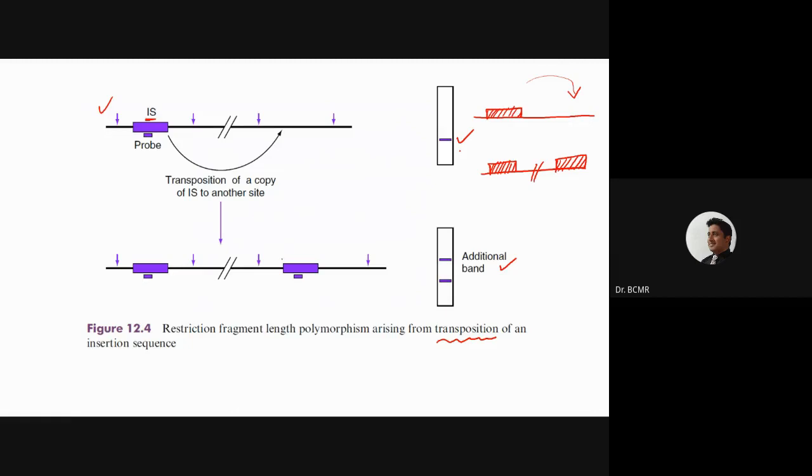And if it has moved to somewhere else, then you will have an additional copy. And it will be detected because you have chosen a probe that is specific to the transposon sequences. Okay. So this is again restriction fragment length polymorphism for studying transposons. How many copies of this transposon are present in this gene? That's how one can study.